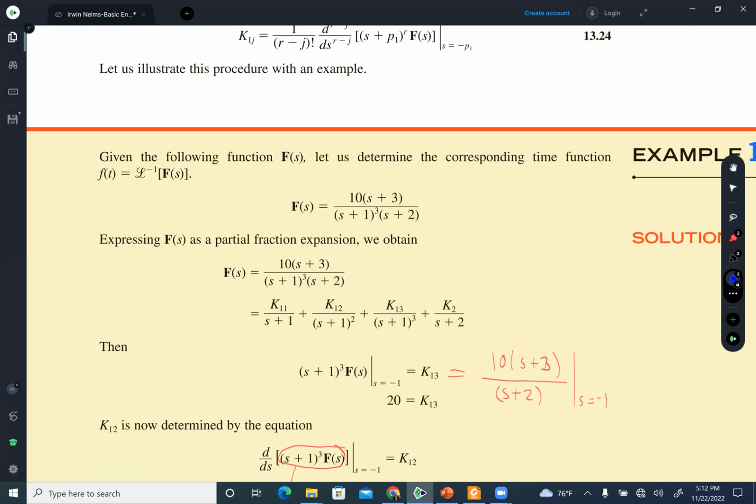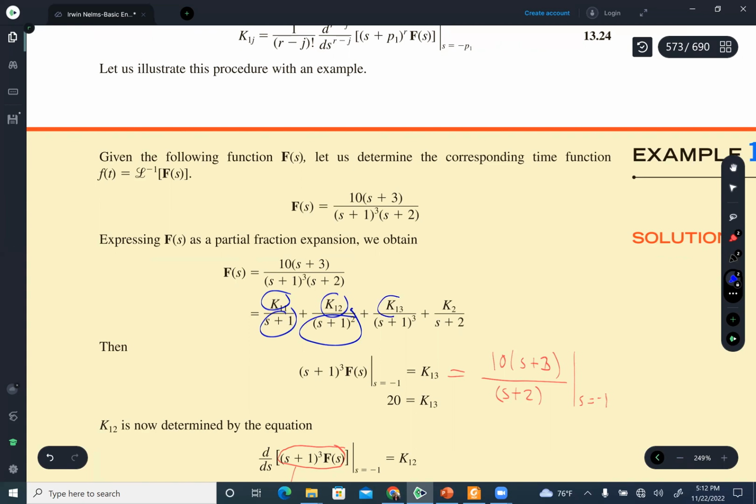And the answer is a little bit different than before. The answer is that you're going to get constants divided by, so for example, if you have s plus 1 cubed, you're going to get k11 over s plus 1 plus k12 over s plus 1 squared plus k13 over s plus 1 cubed plus k2 over s plus 2, right?